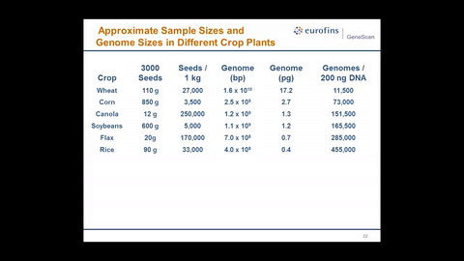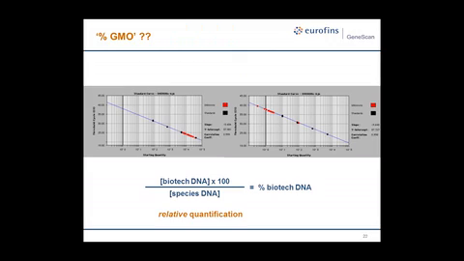And this goes back to why the relative quantification is so useful in GM testing. Because again, we're not worried about the content of what's in the tube, we're not worried about how much of any particular ingredient is in the whole product. Really what we're trying to determine is the percentage of GM compared to the host species that it comes from.